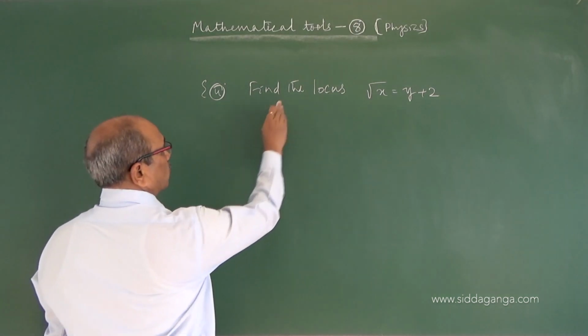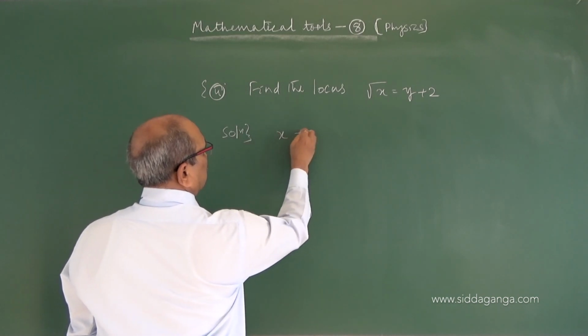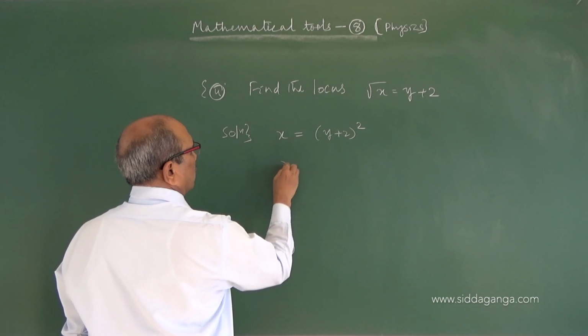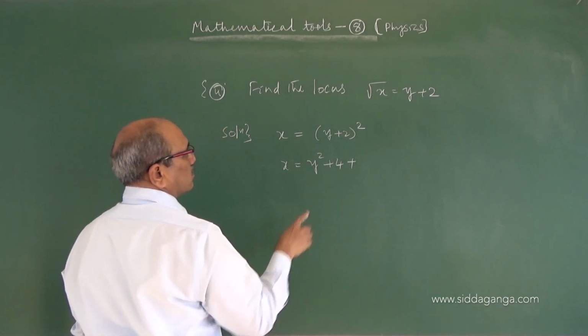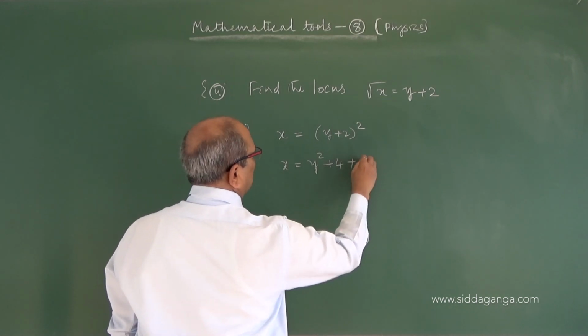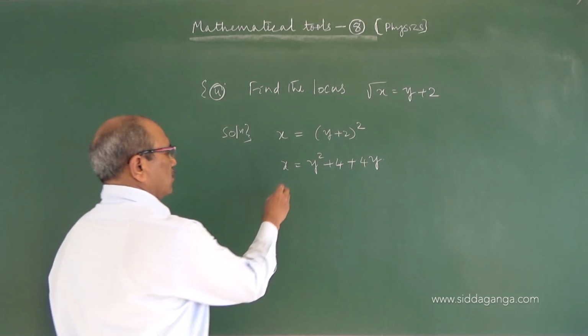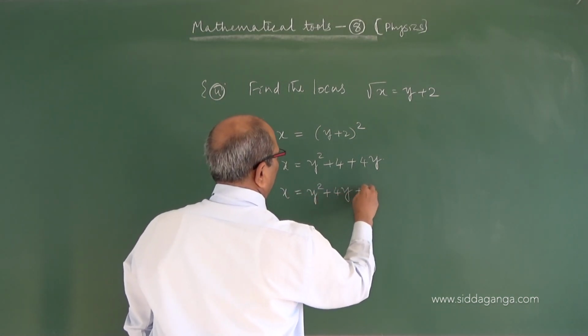What you have to do is square it. x is equal to y plus 2 whole square. x is equal to y square plus 4 plus 2ab, that is 4y. Or you can write it as x is equal to y square plus 4y plus 4.